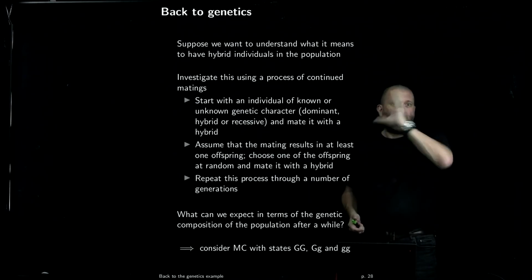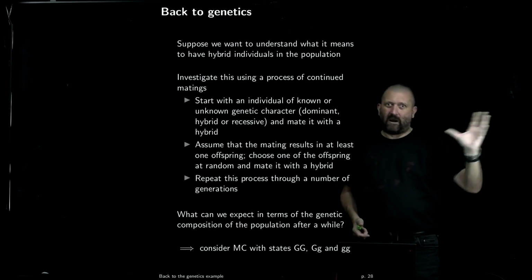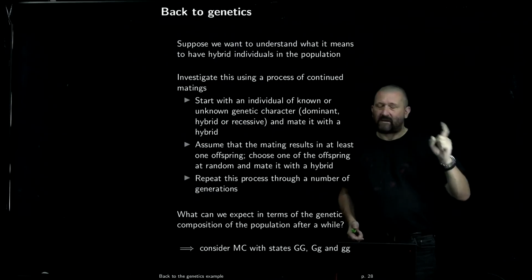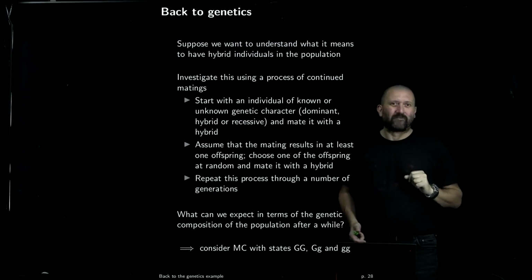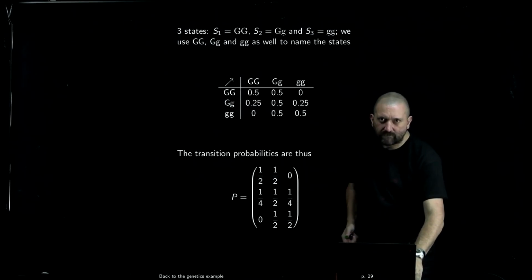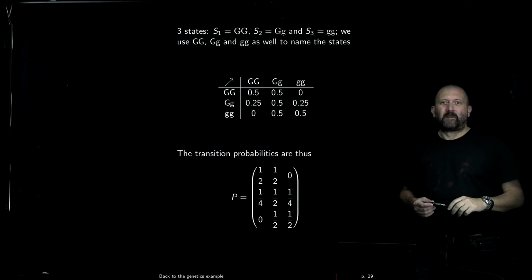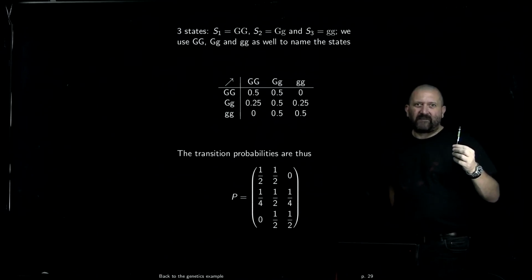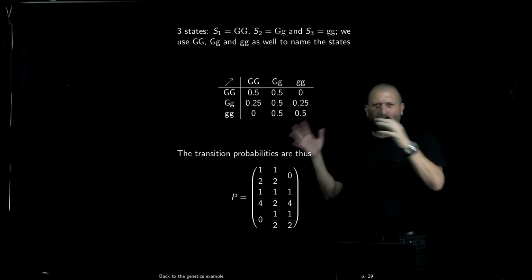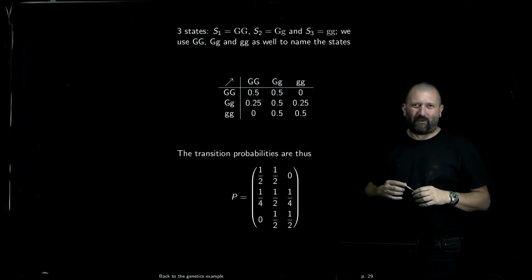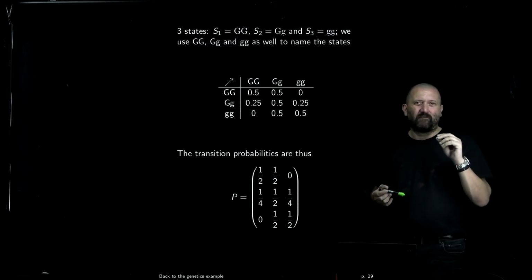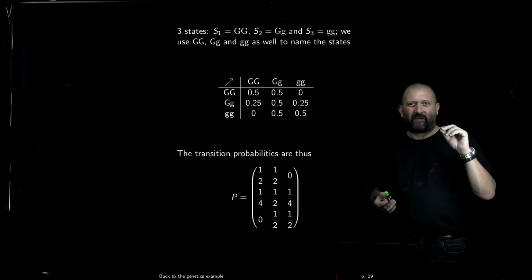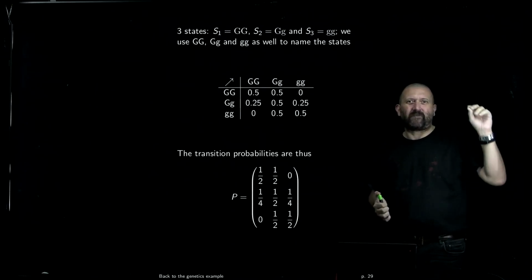I could have hybrids, dominant or recessive. Okay. So what happens? Well, remember, way back when we looked at what happens when we mate things when we have a parent that's a hybrid.